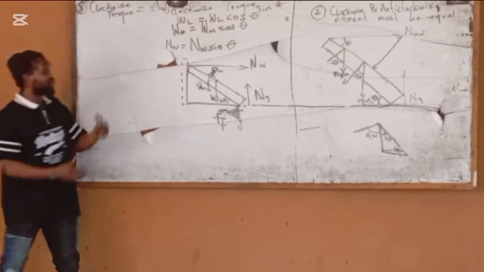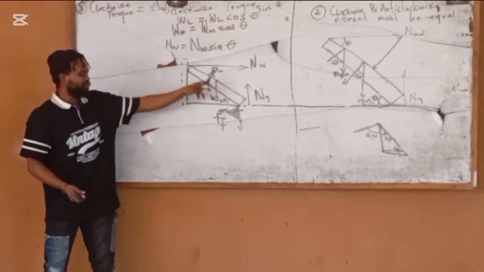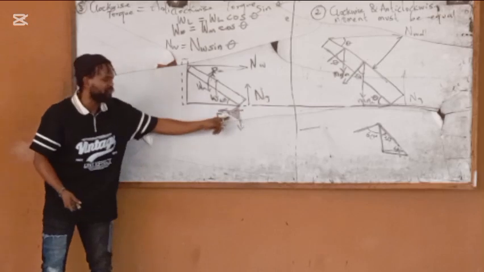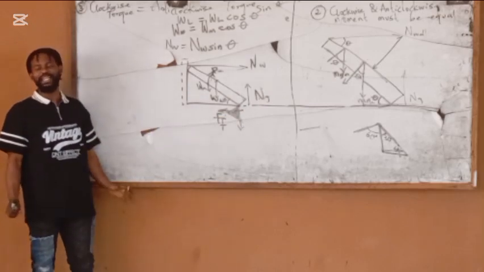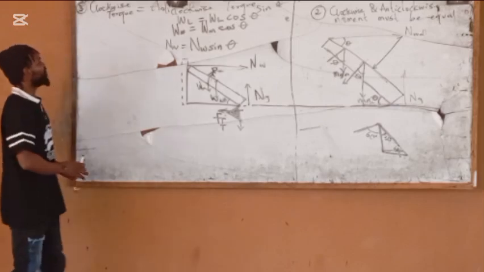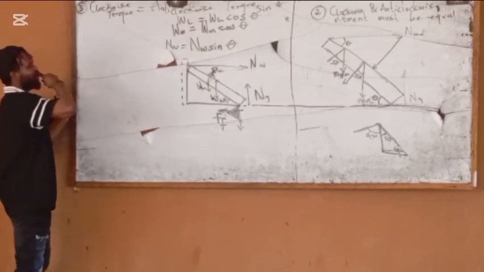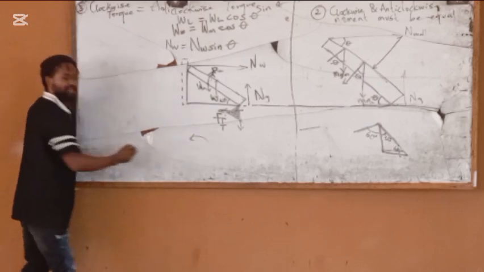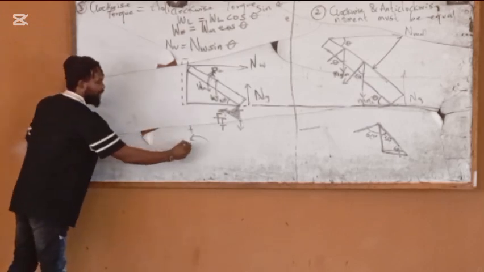So I'm just working with this force and this force. I have no business with these two because they are at the fulcrum. Now, remember that we said that anti-clockwise, whenever you are rotating, is positive. Do you still remember?